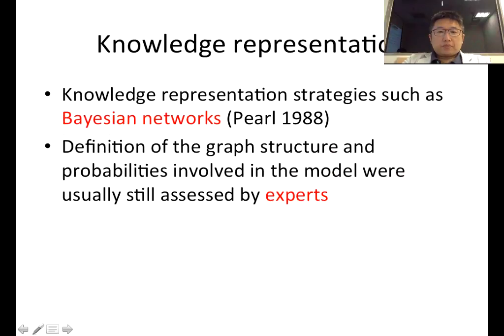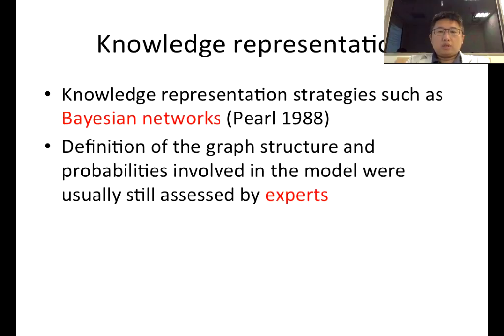So we will face some knowledge representation. We will use the Bayesian network. Here I want to show you the graphic structure, because in the clinical domain we prefer using graphic structures to represent medical knowledge.